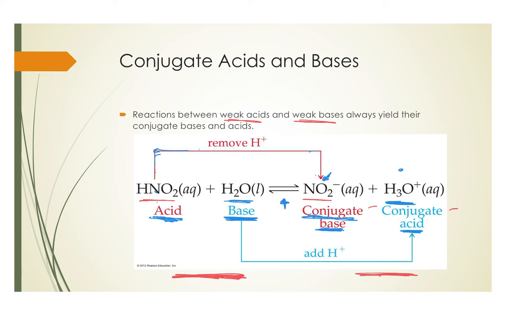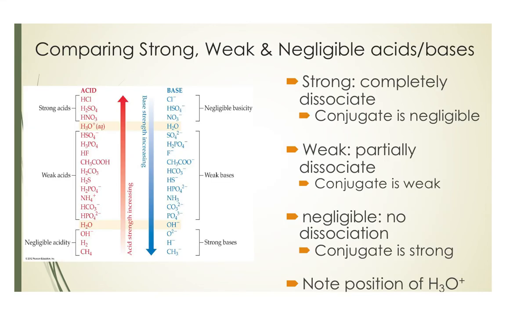All right, so you can always look at this and understand that when you're labeling things, you'll have the acid and the base on one side, the conjugates on the other, and then you just have to figure out what's related to what and what's adding protons and what's losing protons to assign what is the acid and the base. All right, so then in any pairs of acids, bases, and their conjugates, we can always figure out in those pairs what are the strong ones and what are the weaker ones in each particular case.